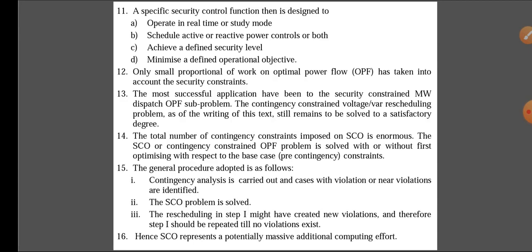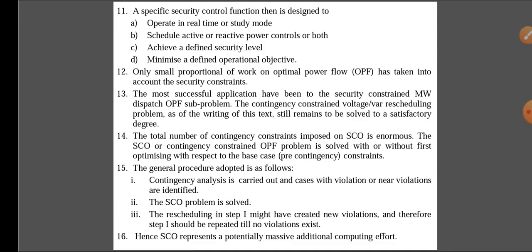Only a small proportion of work on optimal power flow has taken into account the security constraint. The most successful applications have been to the security-constrained megawatt dispatch optimal power flow subproblem. The contingency-constrained voltage or VAR rescheduling problem, that is the reactive power rescheduling problem, as of the writing of this text still remains to be solved to a satisfactory degree.